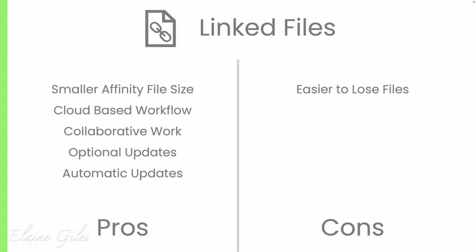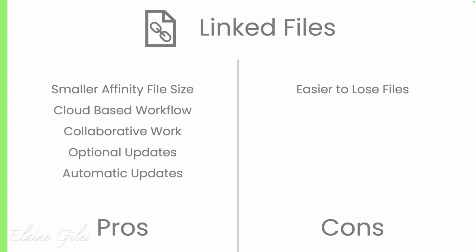You do get with linked files an optional update opportunity. Or you can say, if this file is updated outside of my Affinity file, I want you to automatically update it. Now, why is that so important?